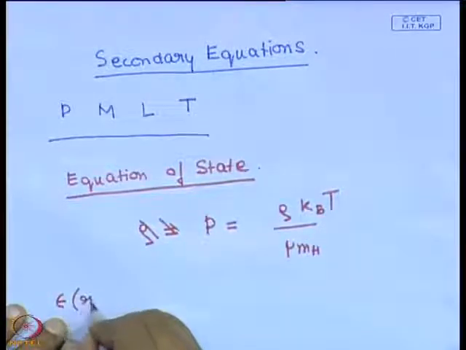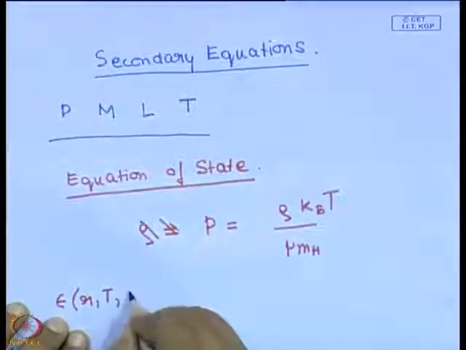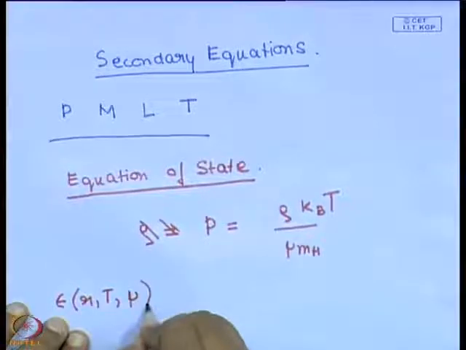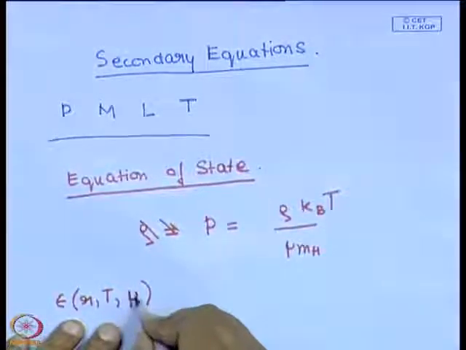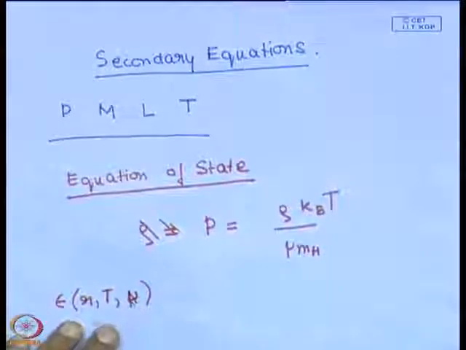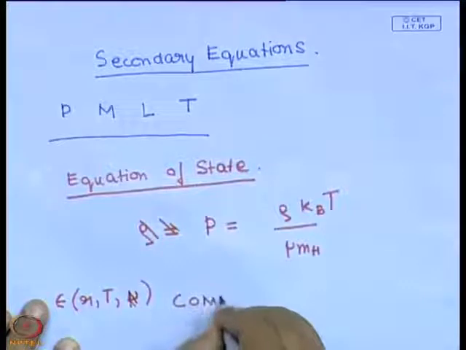We know that this is a function of the temperature, and also the composition. There is a mu over here, so it depends not only on mu but also on the composition.